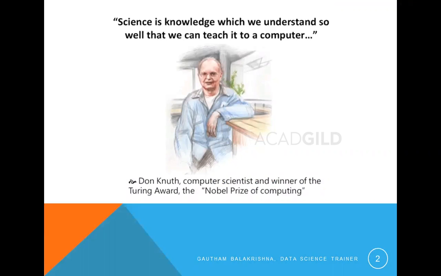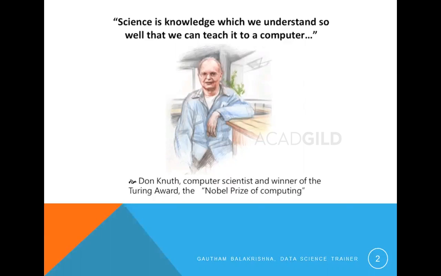So basically, what Don Knuth, computer scientist, is trying to say is that when we can make a computer understand whatever aspects of data science that we understand, that is when we can get the maximum value of the domain of data science.